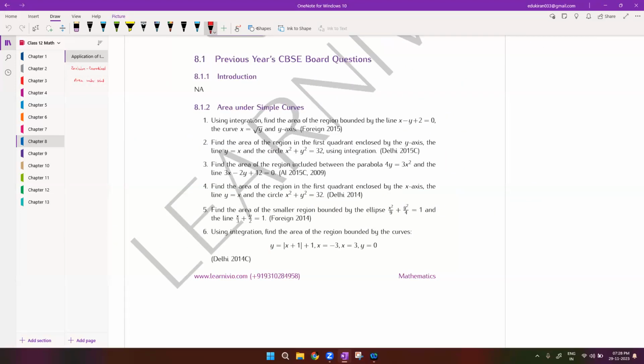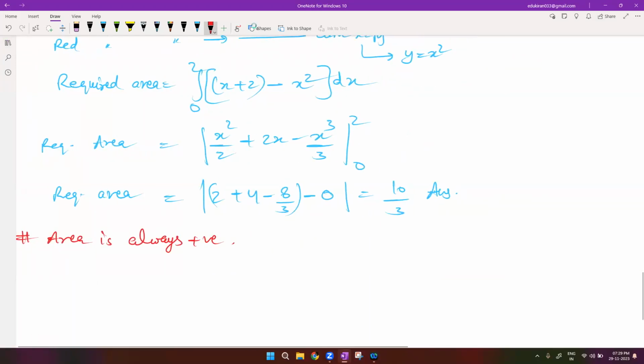So we are given this parabola, and we have to find the area of the region included between the parabola 4y is equal to 3x square and the line 3x minus 2y plus 12 is equal to 0. So we have two equations. Please help me with writing these equations.